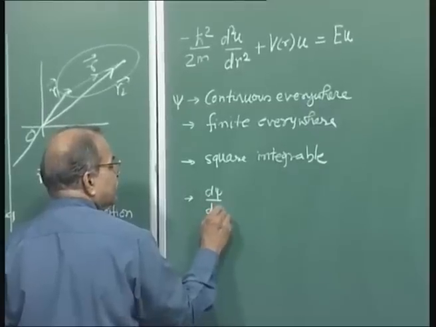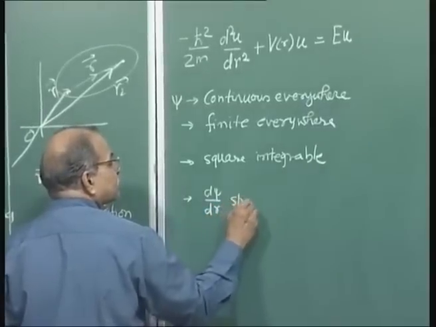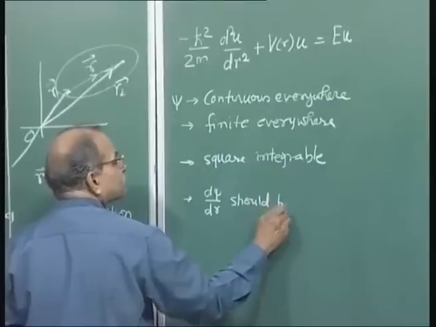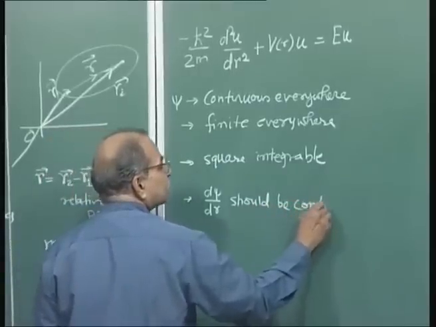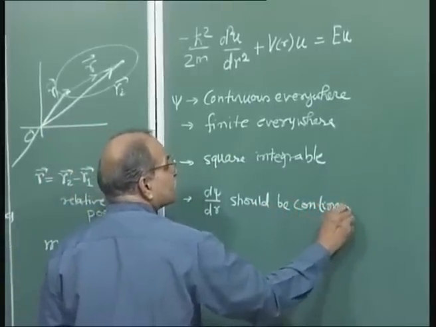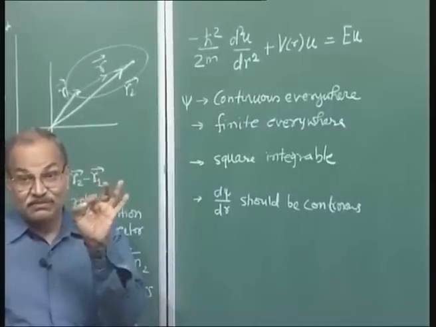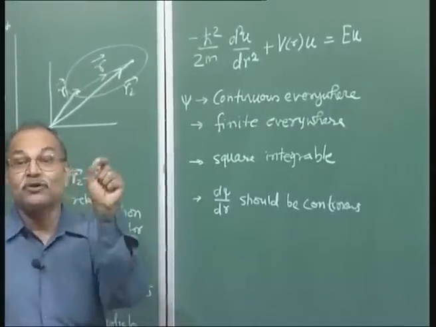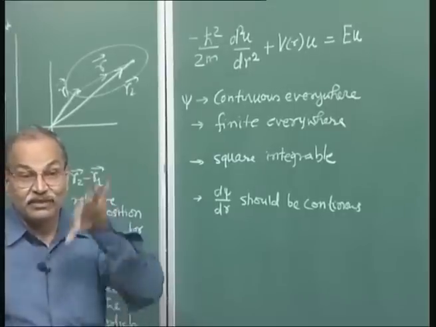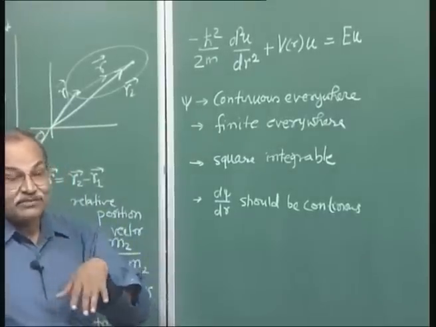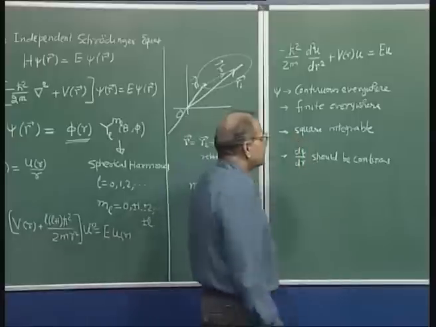At any point the space derivative should be continuous. The slope should be continuous. The wave function does not have cusps or corners, it is always a smooth function. So, the derivative is continuous.